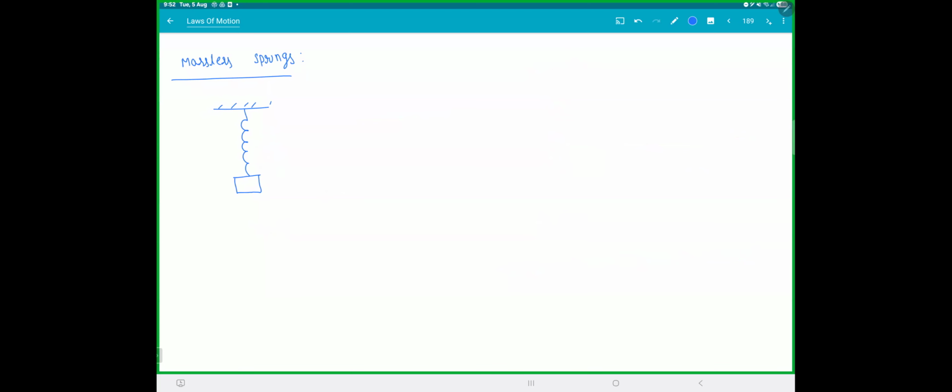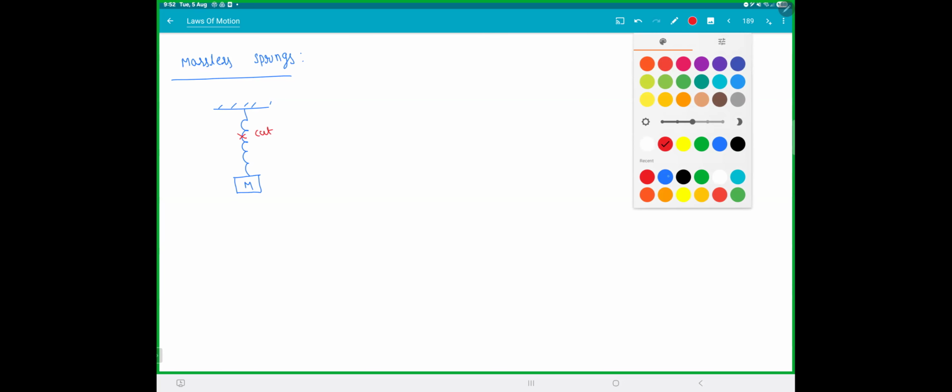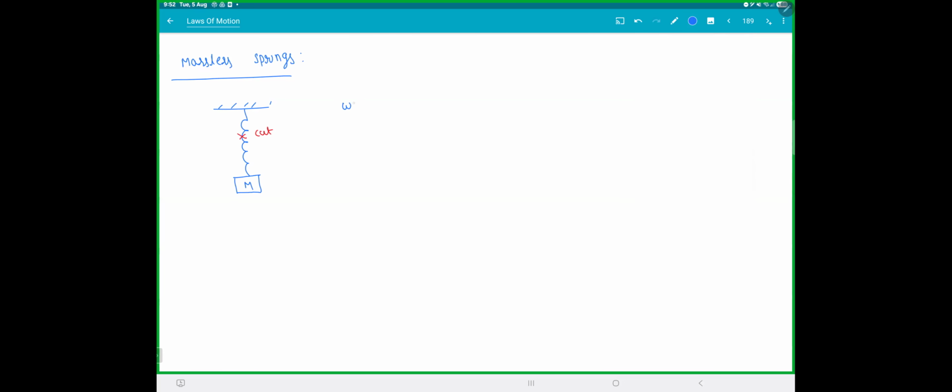The moment you cut somewhere, doesn't matter where you cut, because it has no mass, even if you apply a little force, there'll be infinite acceleration. That means the moment you cut it, it comes to natural length immediately.